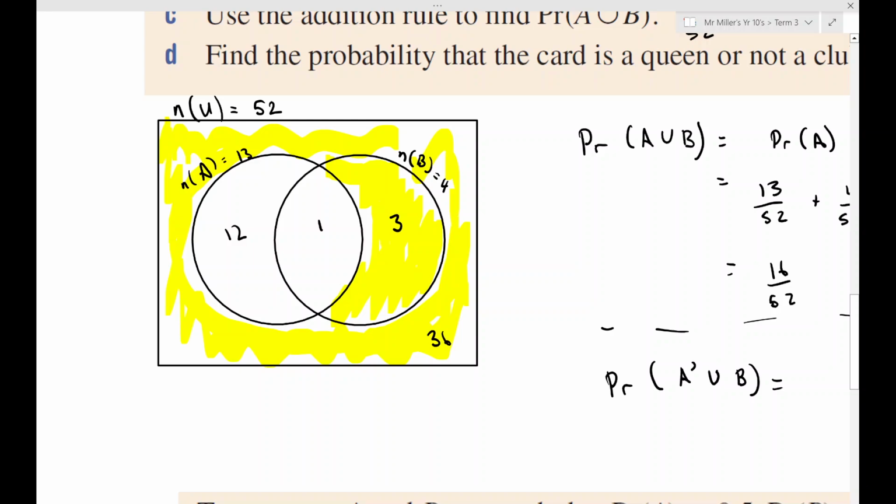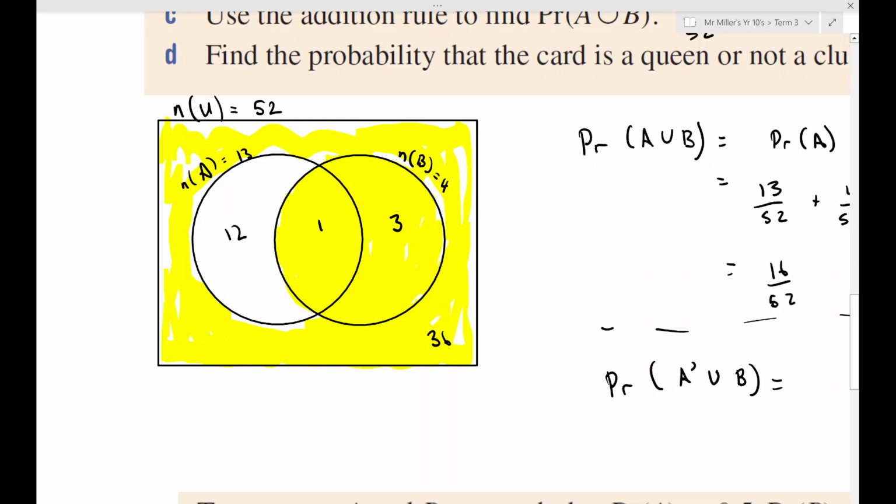So that's not A, but we're looking for the probability that something is not A union B. So it's not A, or it's B. So let me highlight all of B now. If I highlight all of B, we do actually include this region, this intersect here, that is technically A. So this intersect is not A, right?